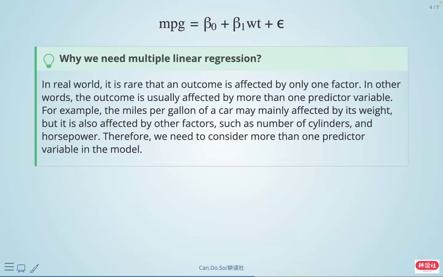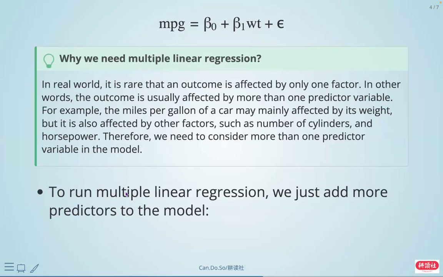For example, the miles per gallon of a car may be mainly affected by its weight, but it is also affected by other factors such as the number of cylinders and horsepower, or the transmission model, which means whether it's an automatic car or a manual car. Therefore, we need to consider more than one predictor variable in the model.